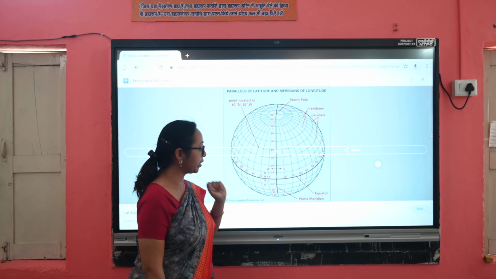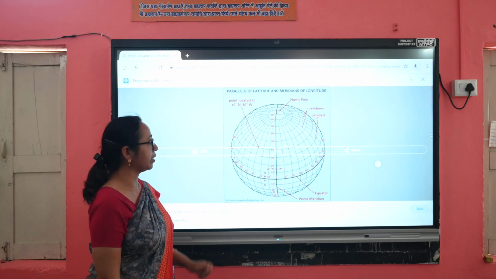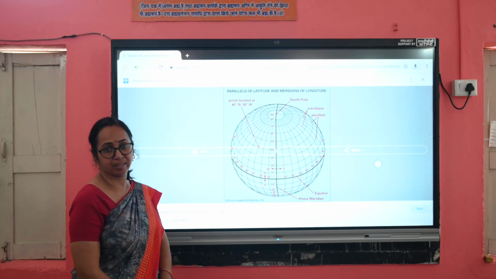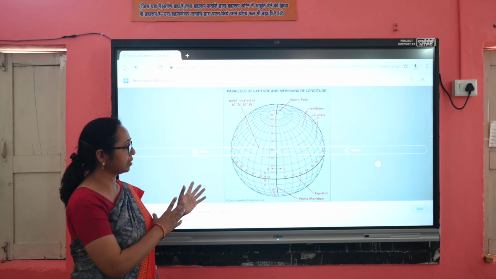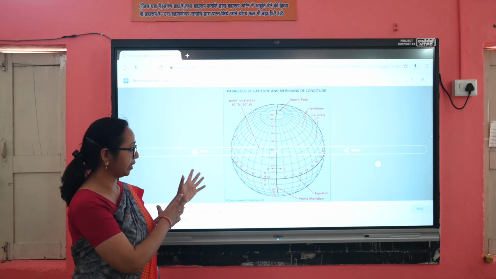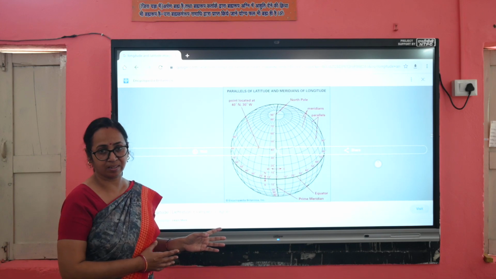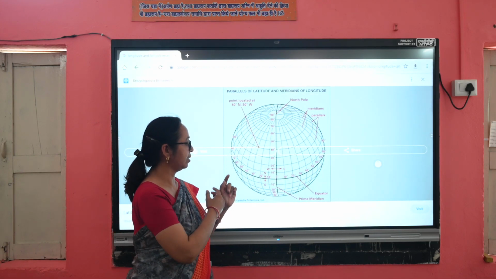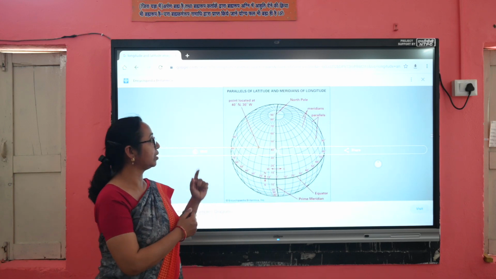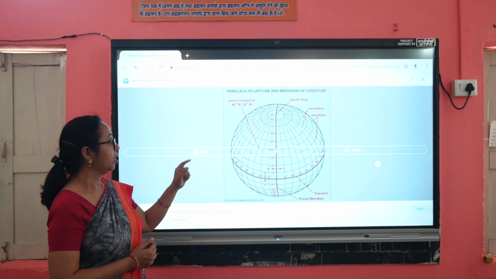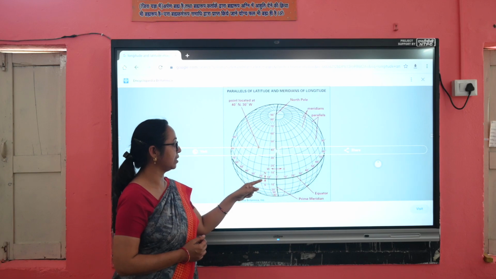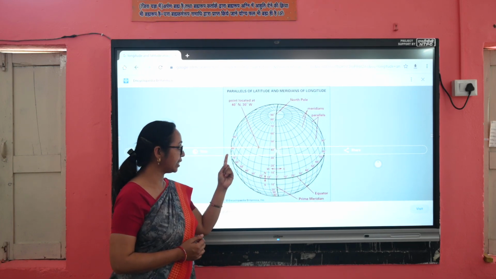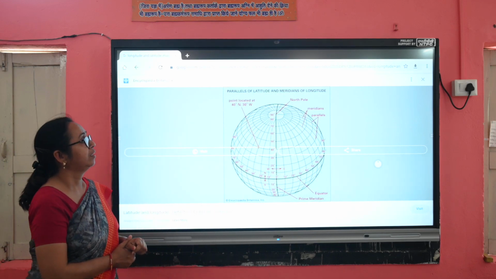Where is the equator, where is the prime meridian, where are the North Pole and South Pole, etc. Students can easily understand what grids are, what meridians are, prime meridian, equator, where is the North Pole, how many degrees, where is the north and south direction. They can easily understand.